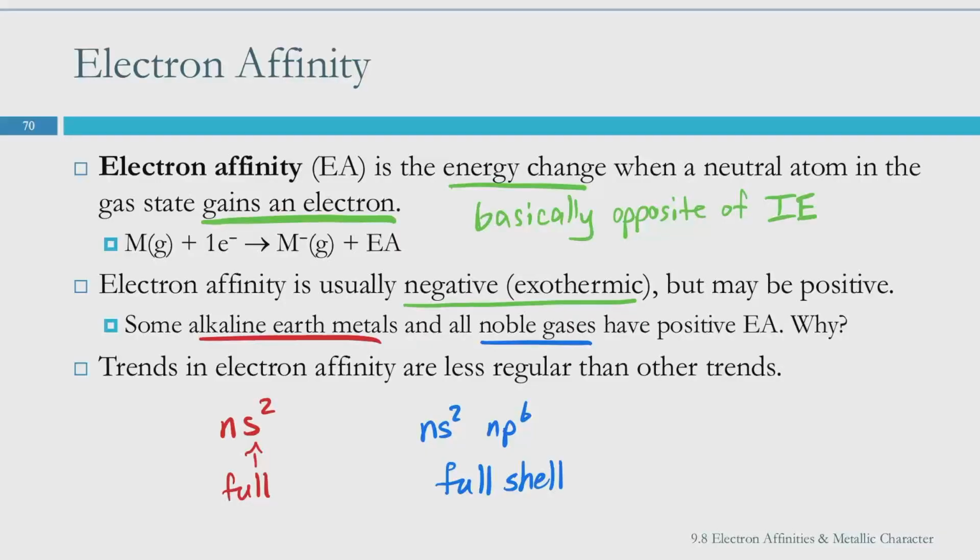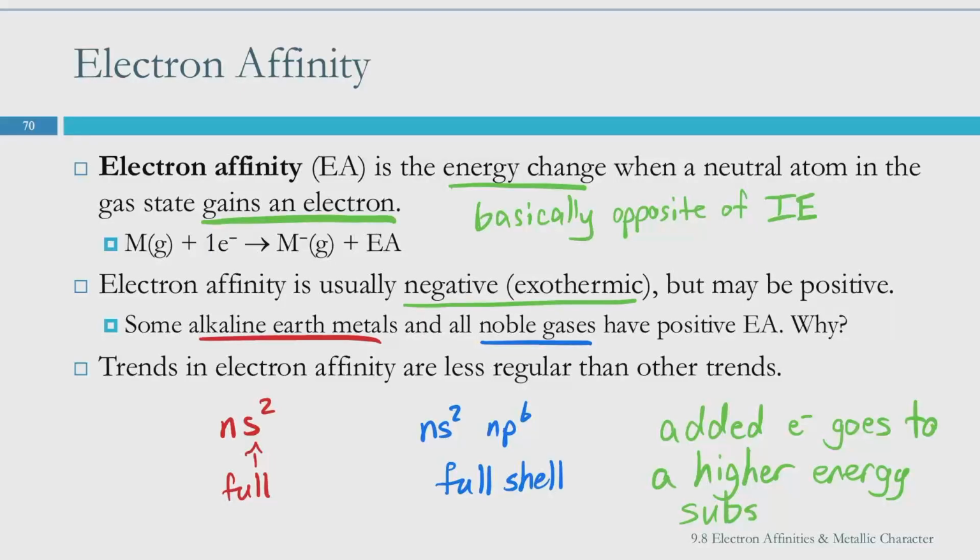So for those, when we add in another electron, the added electron goes to a higher energy orbital, or subshell or shell.